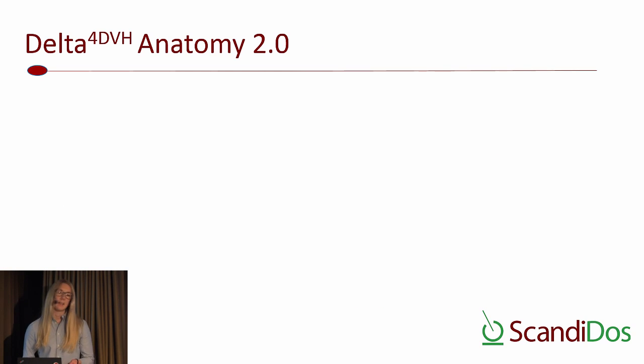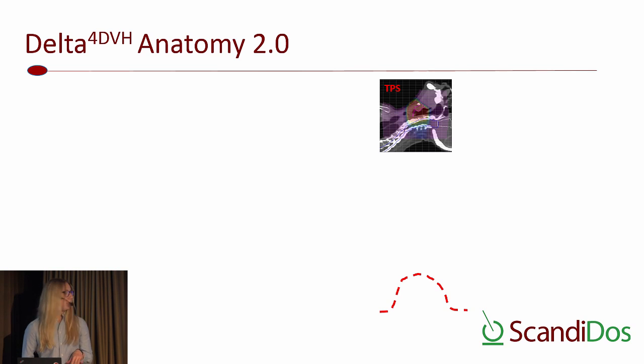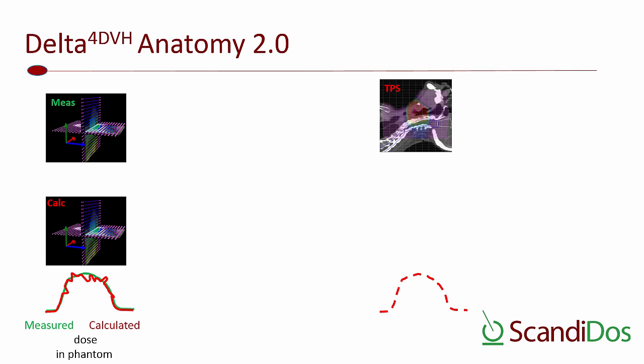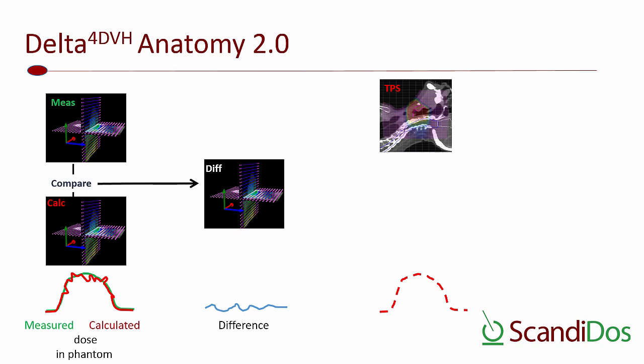So just to emphasize how this is algorithm independent and the accuracy of it, I will use some visualizing. We have the TPS dose with the TPS accuracy. We measure the dose in the phantom, calculate the planned dose in the phantom, and subtract to get the difference.